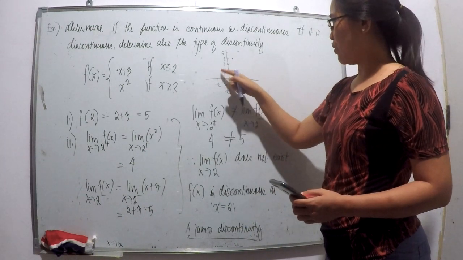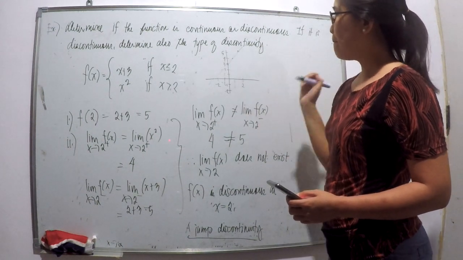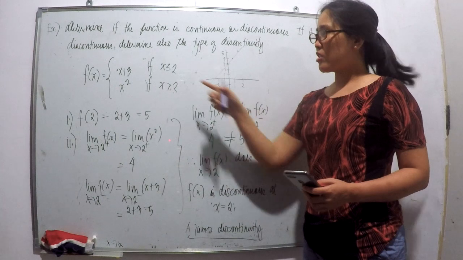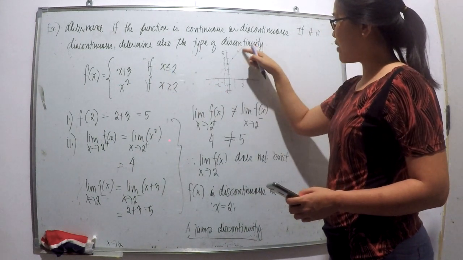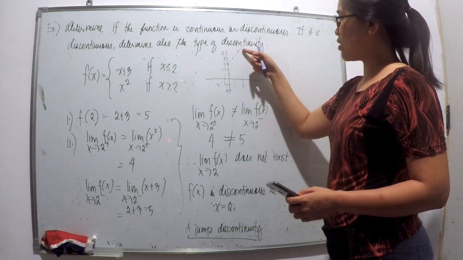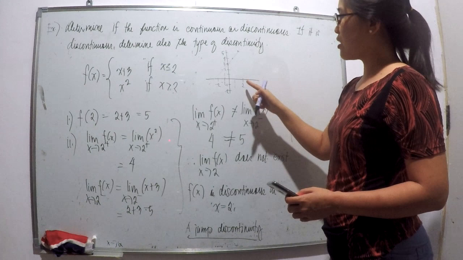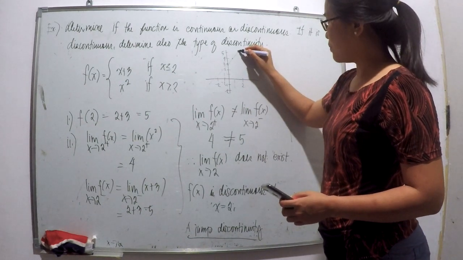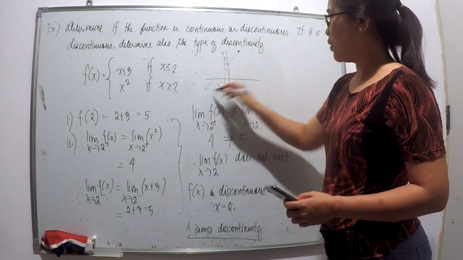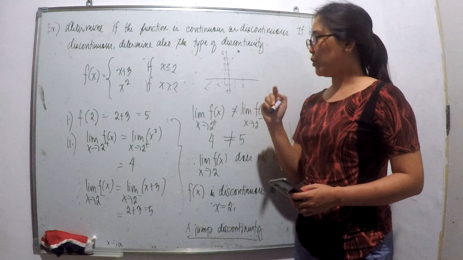Supposed to be the graph looks like this. But since we're given the restriction that x must be less than or equal to 2, we are going to erase this part of the graph. We are only considering the values less than or equal to 2. So this is the graph of x plus 3 if x is less than or equal to 2.